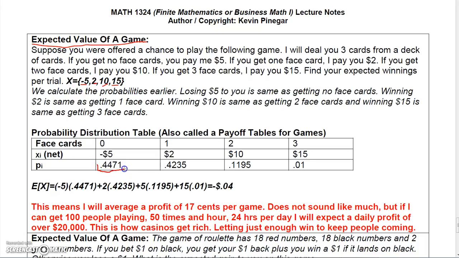That's 0.4471. The probability of winning $2 is the same as the probability of getting 1 face card, which we calculated as 0.4235. The probability of winning $10 is the same as the probability of getting 2 face cards, which is 0.1195. And the probability of winning $15 is the same as the probability of getting 3 face cards, which is about 0.01.